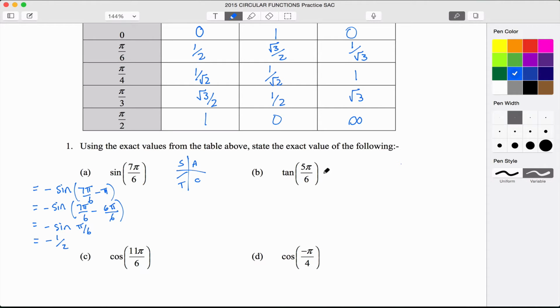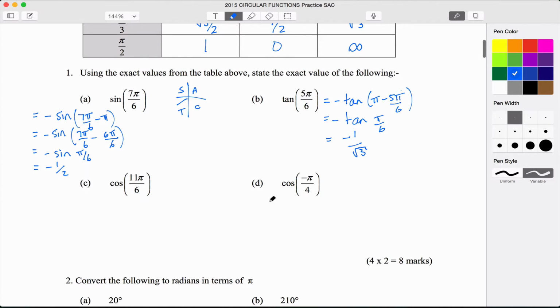Part B, tan of 5 pi over 6, negative tan of pi minus 5 pi over 6, which equals negative tan of pi over 6, which according to our table is negative 1 over root 3.